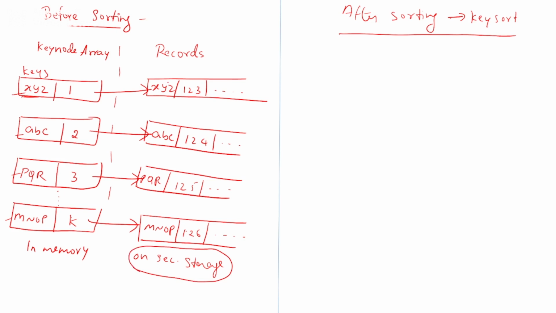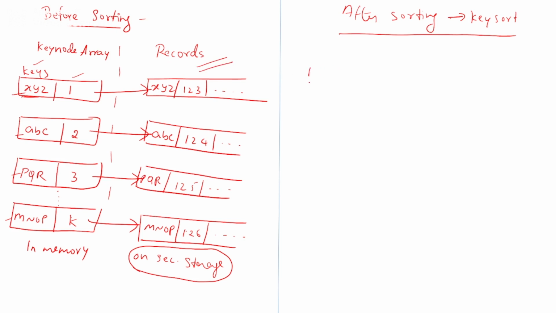If you want to sort these records, you need to sort them in the secondary storage, which will be expensive. So instead, only in the memory, whatever you have, only the key and the pointer, only those things we are going to sort. We are not going to touch anything in the secondary storage.